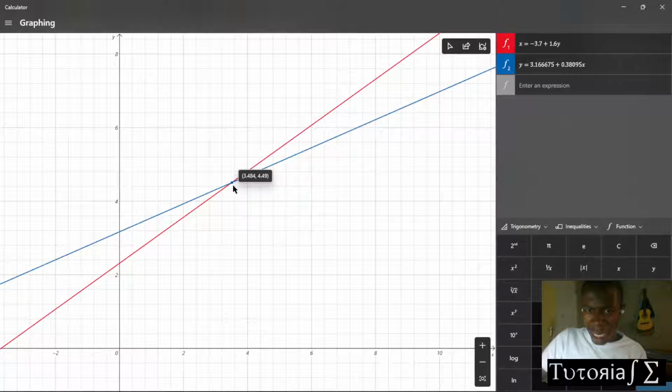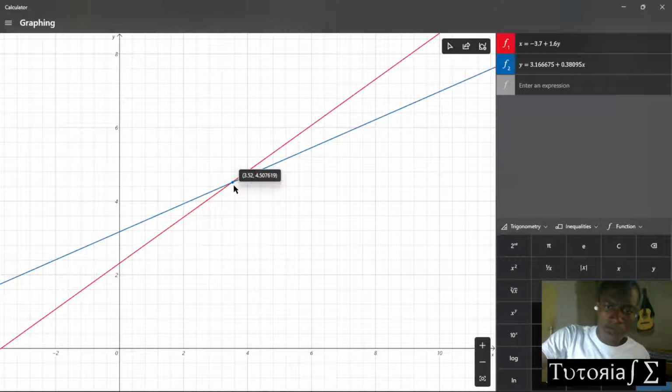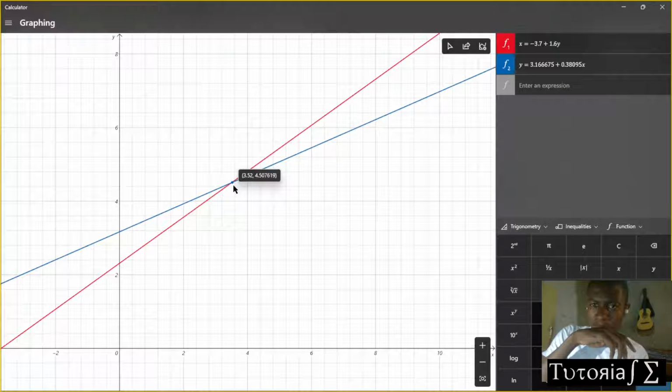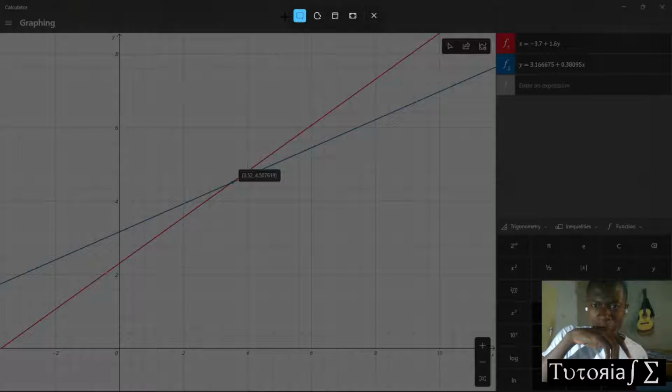These should be your lines, and they come out. You see the mean there, which is 4.5 and 3.25.